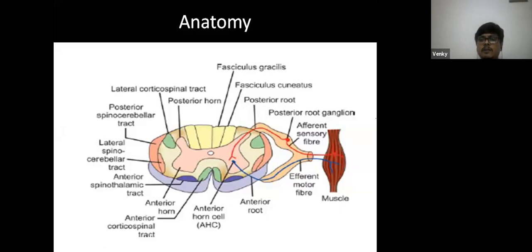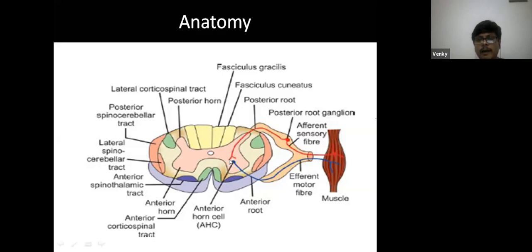A polysynaptic reflex contains multiple synapses in between the afferent and the efferent. An example is a superficial reflex, such as the abdominal reflex, a classical examination. So the red is the sensory afferent, and blue is the motor efferent.